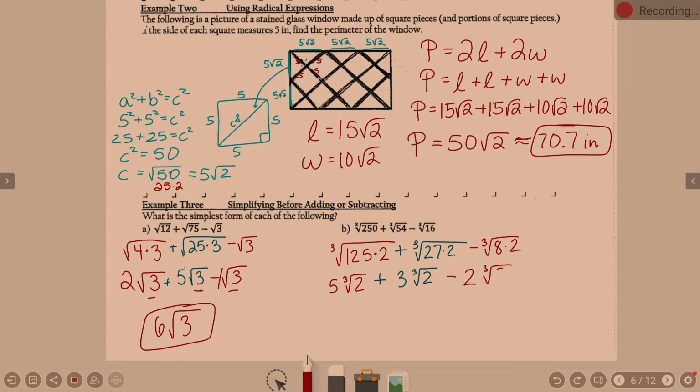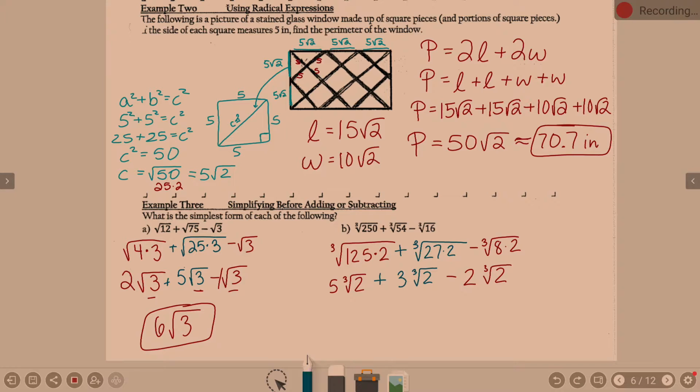And then we leave the other 2 under the cube root. Okay. What I called magic earlier, it just so worked out that, do these all have matching radicals? Yeah. 5 cube root of 2 plus 3 cube root of 2 minus 2 cube root of 2.